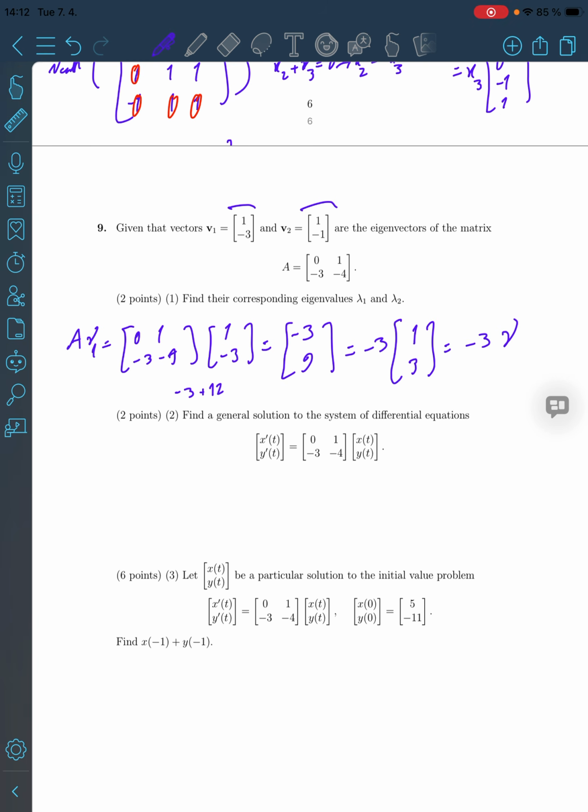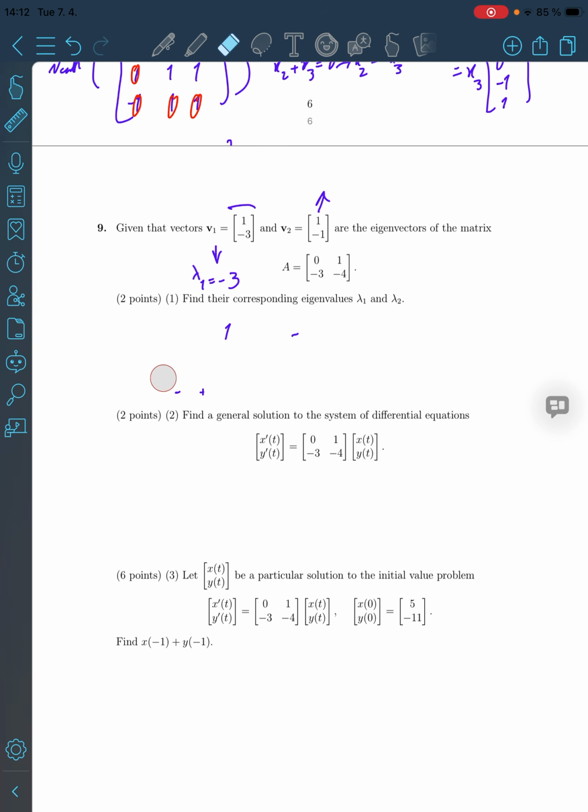Therefore, the eigenvector v1 corresponds to lambda 1 equal to negative 3. And now I have to compute the eigenvalue corresponding to v2. Again, you can use this trick that the multiplication of lambda 1, lambda 2 is the determinant of A, and the summation of lambda 1, lambda 2 is equal to the trace of A.